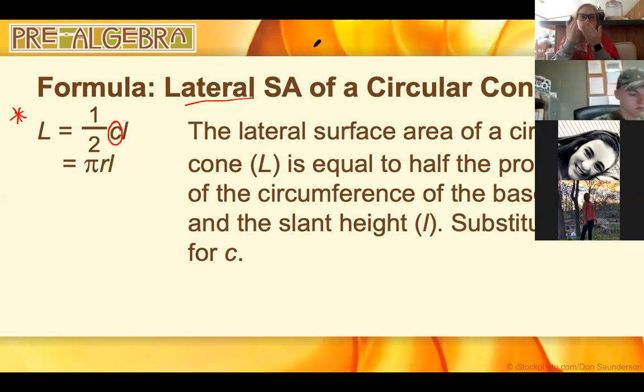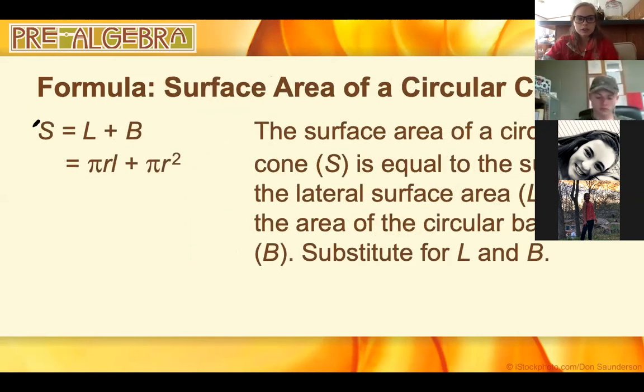Once you find the area of all of that curved surface there, then how do you find the surface area? The lateral surface area, which is what we just did back there, plus the area of the base. And again, the base is going to be a circle.